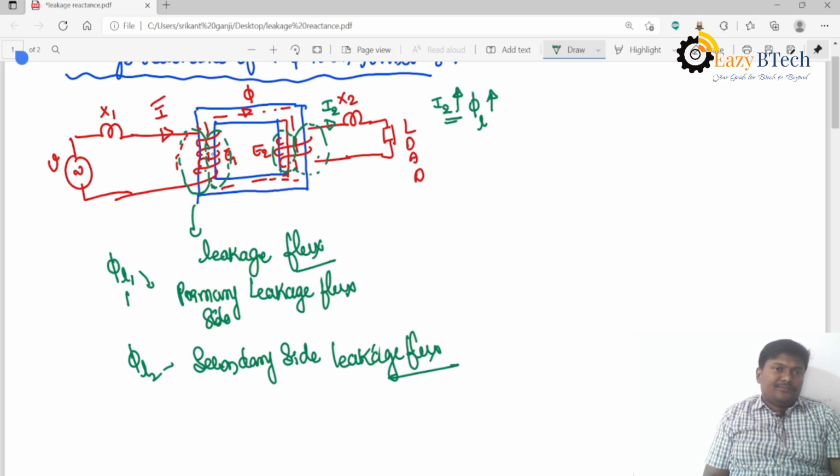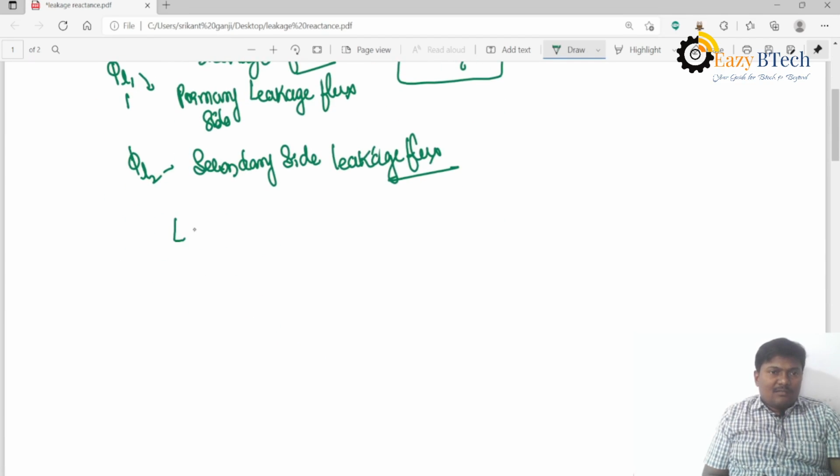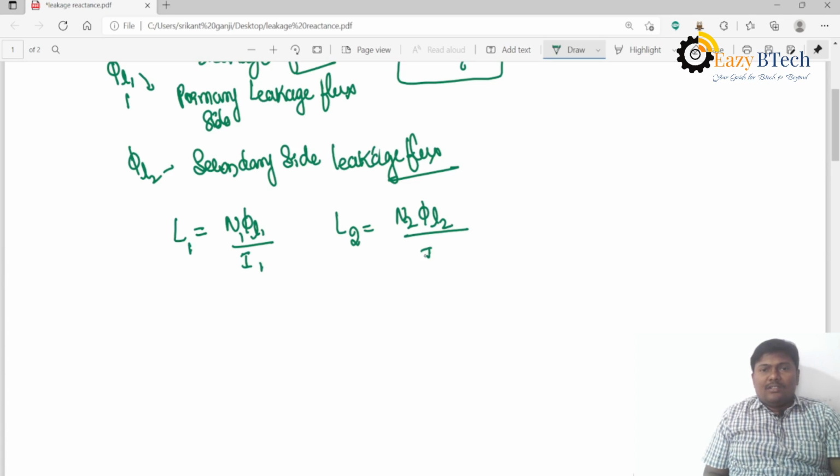So here, due to this leakage flux, we know that inductance is equal to N into phi divided by I. This is the inductance formula. Now the leakage inductance can be defined as L1 equals N1 into phi L1 divided by I1, and L2 equals N2 into phi L2 divided by I2.